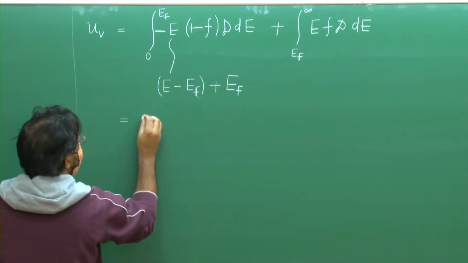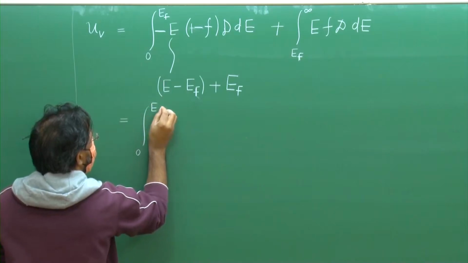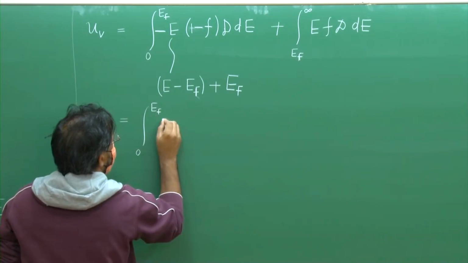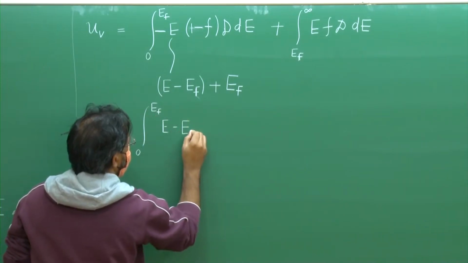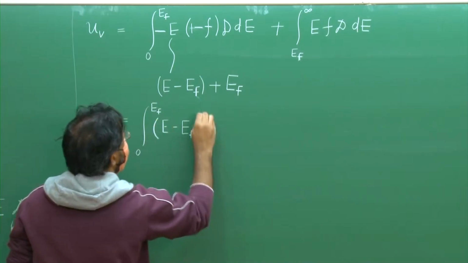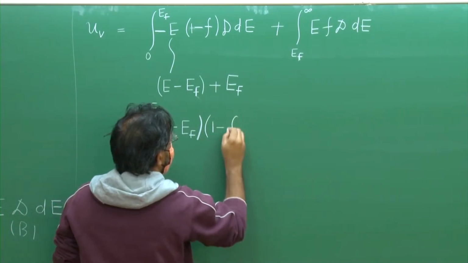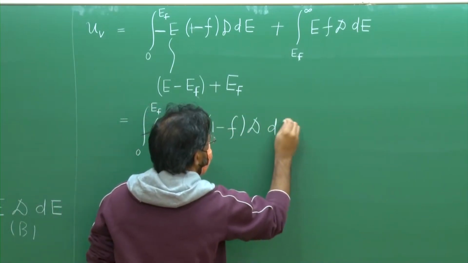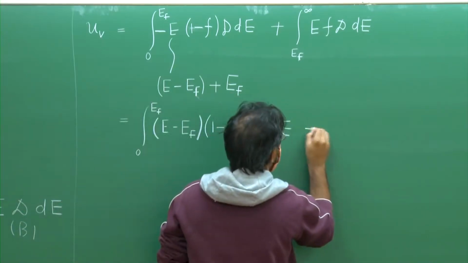So, you will get first term as integral 0 to EF, that will be E minus EF and then 1 minus F d dE.